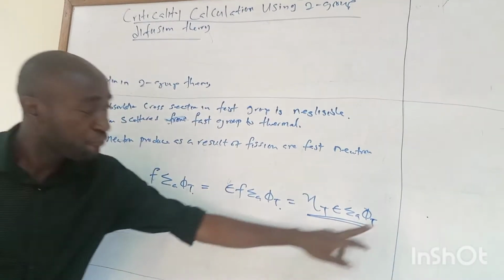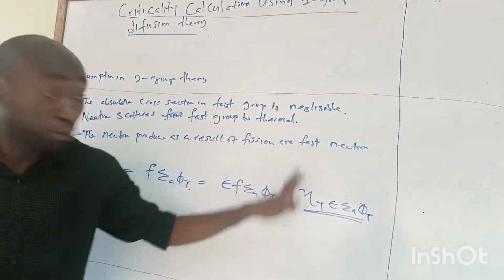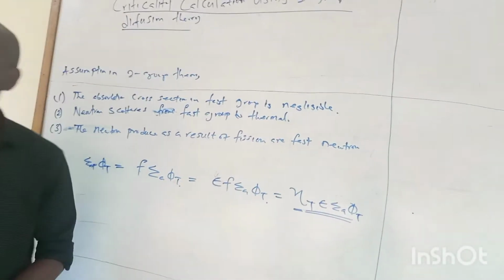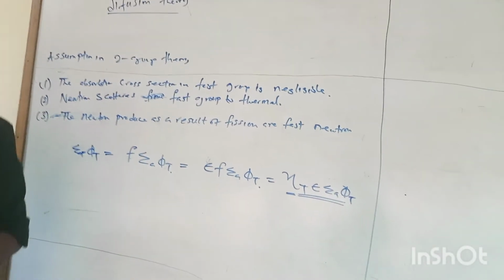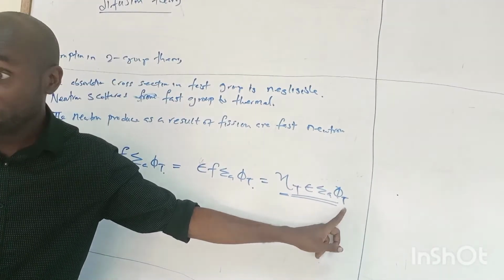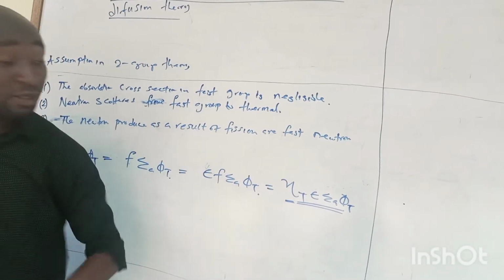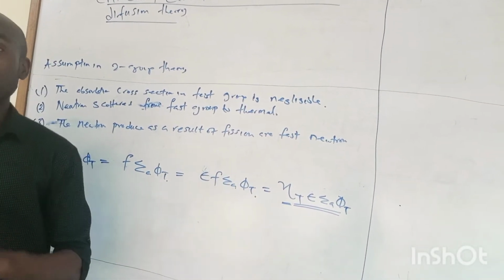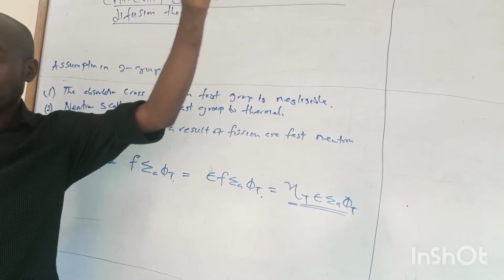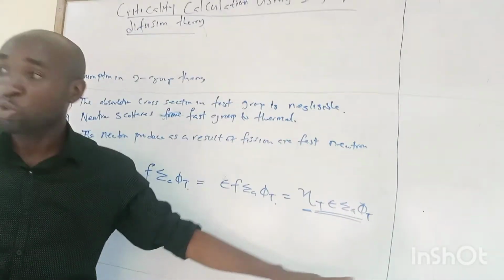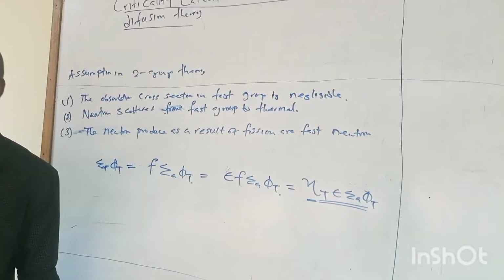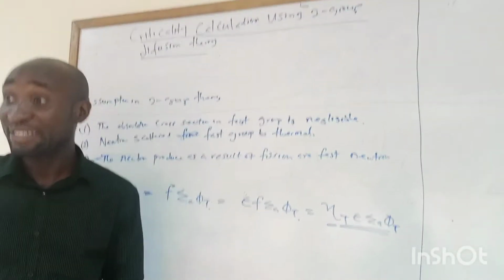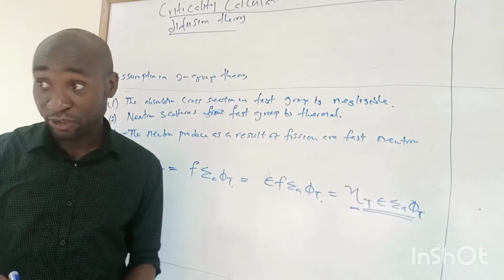This is the amount of fission neutrons produced. The fission is produced by the thermal neutron, but when the fission neutrons come out, they are fast neutrons. They are going to be thermalized again to cause another fission. Are you getting me?